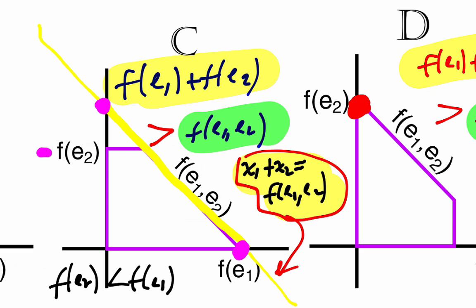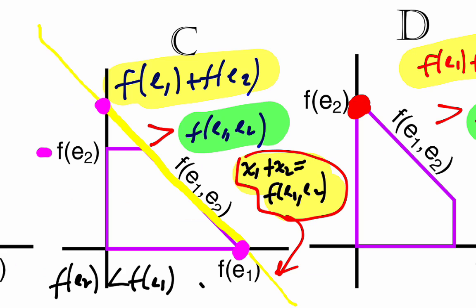And so the only part of the line that we care about is the thick yellow line, in which at this bottom magenta point down here, the value f of E1 has to be equal to f of E1, E2, right? Because that's the coordinate: x is equal to f of E1, y is equal to 0.